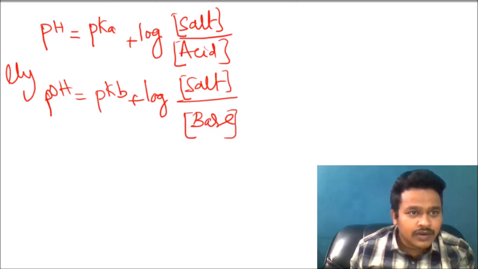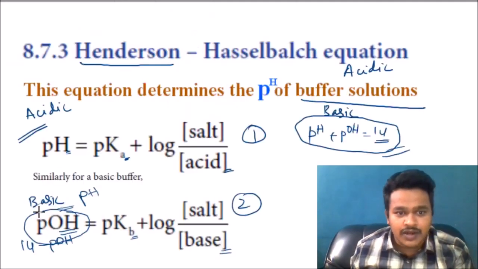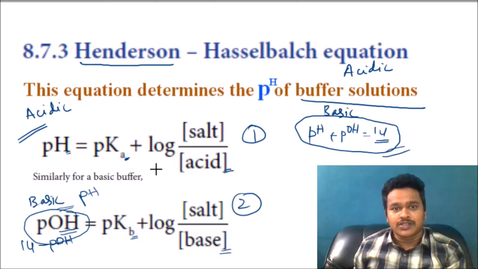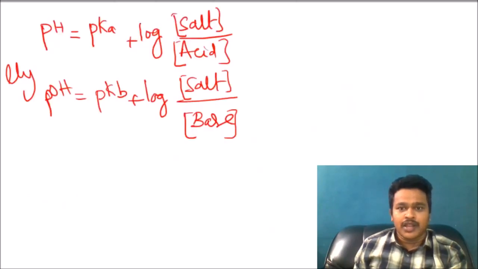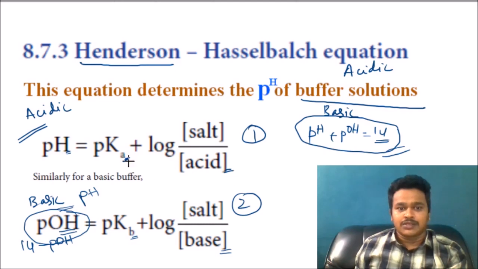This is what we discussed at the very start: pH equals pKa plus log of salt by acid. Now we have derived it finally. Both are the same, as you can observe, salt by acid.